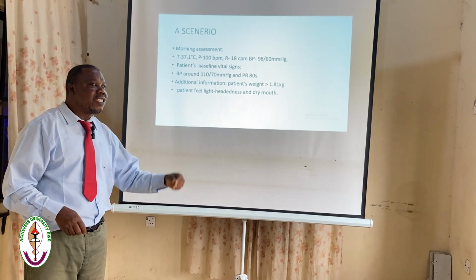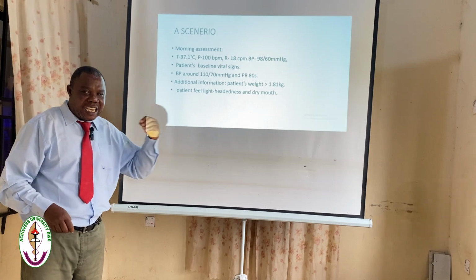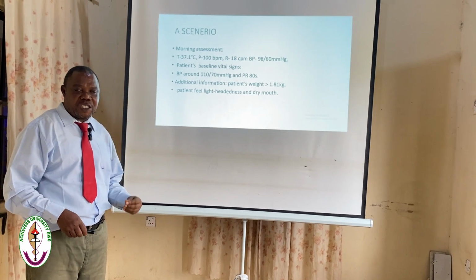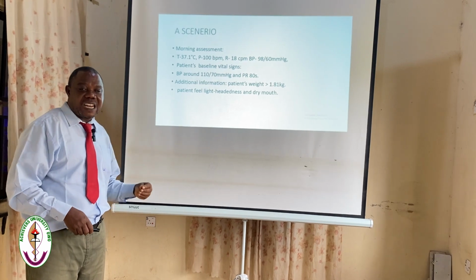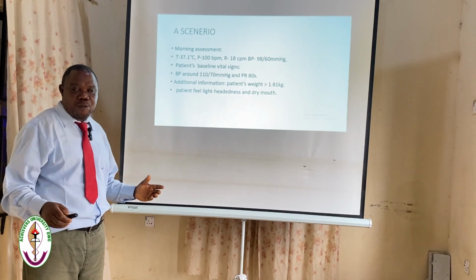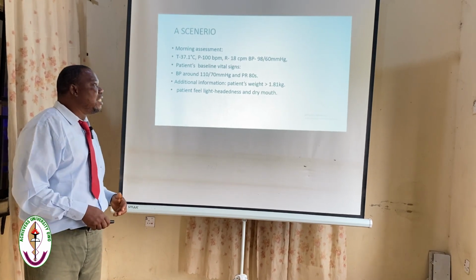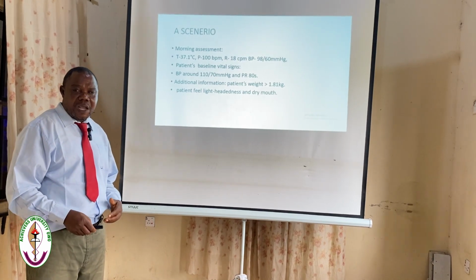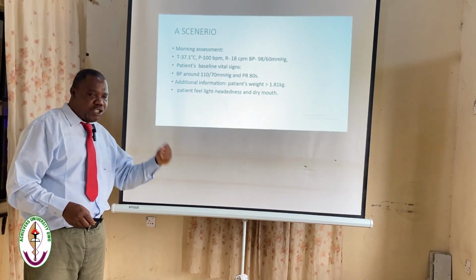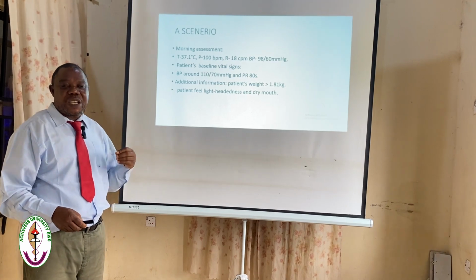Now, the nurse went and checked the baseline vital signs of the patient. The baseline vital signs of the patient, the BP is around 110/70 millimeters of mercury, and the pulse rate is around 80s. Therefore, the nurse now took additional information. He took the patient's weight.